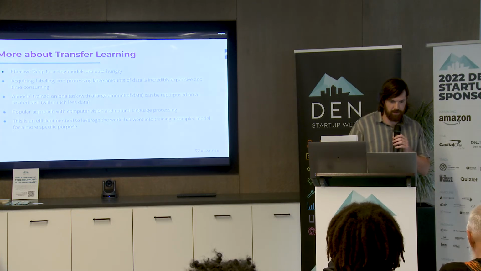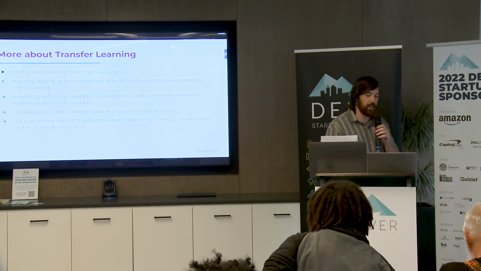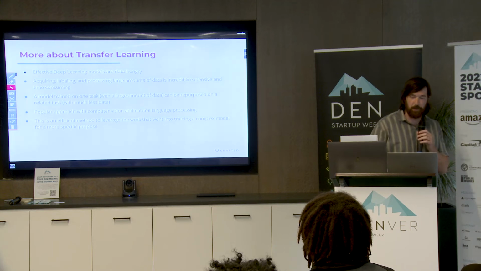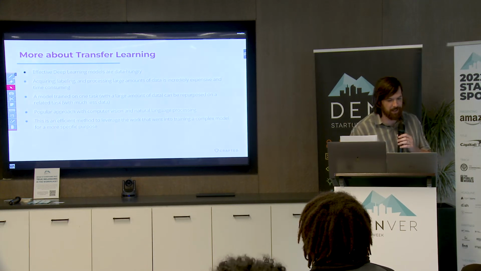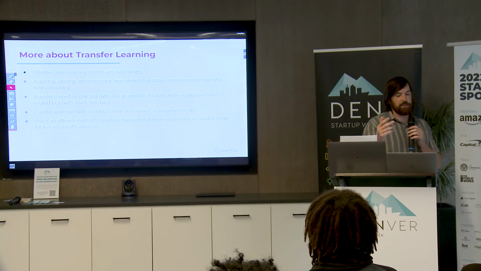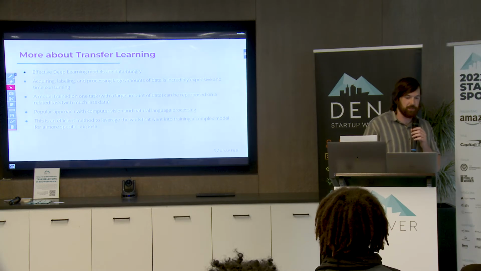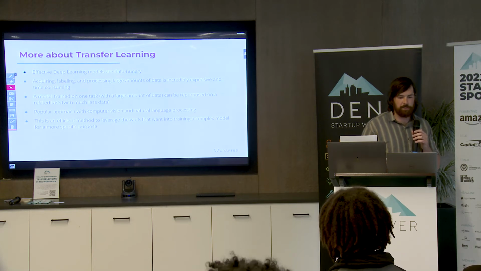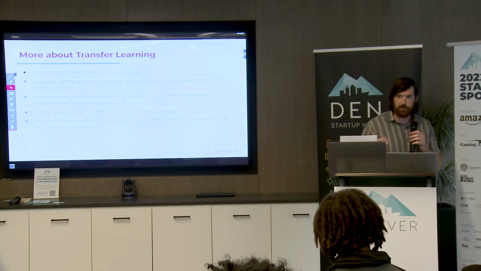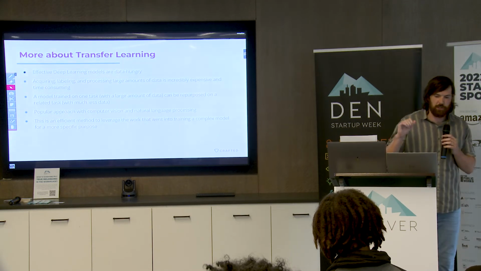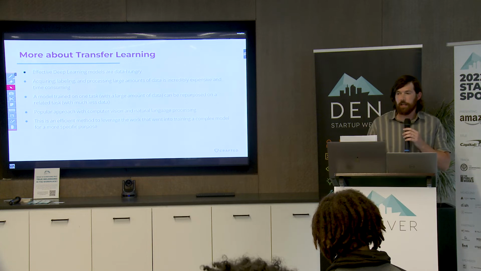Okay. So more about transfer learning. Really, the whole reason we were able to create this hot dog pizza model. Oh yeah, you can plug in a picture of pizza, and it should identify that too. Deep learning models are very expensive to train. They require a ton of data. It's just very expensive to acquire and label. But with transfer learning, we had the ability to grab this pre-trained model and customize it to our needs.